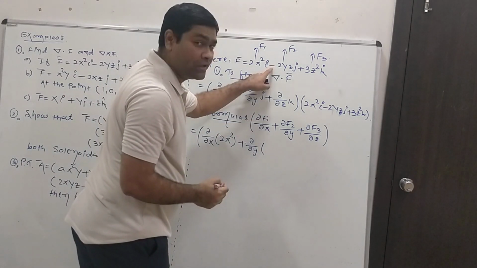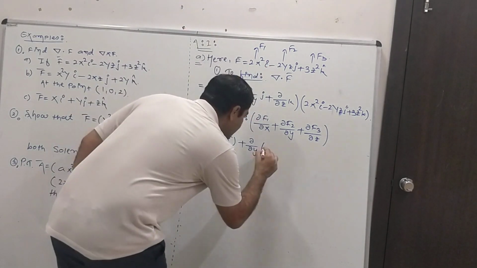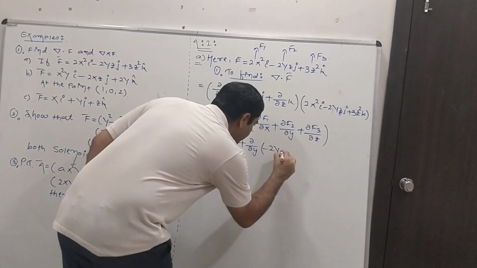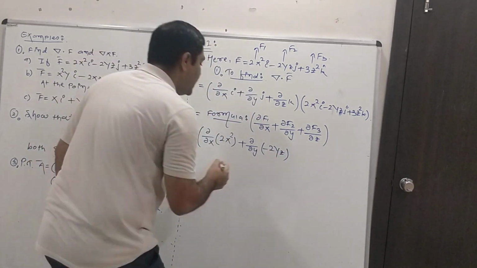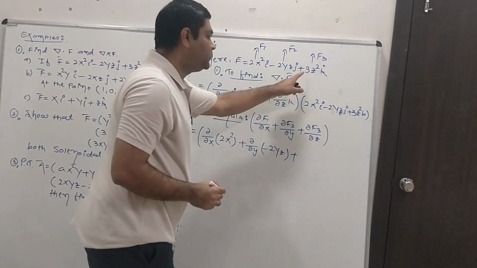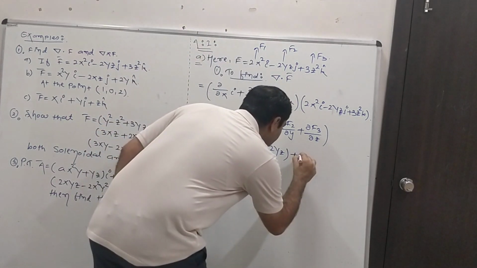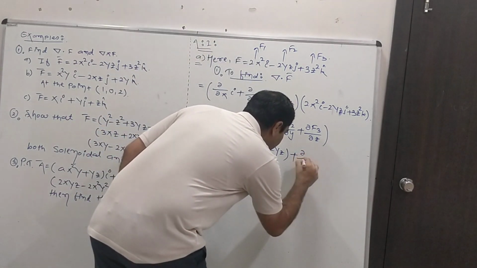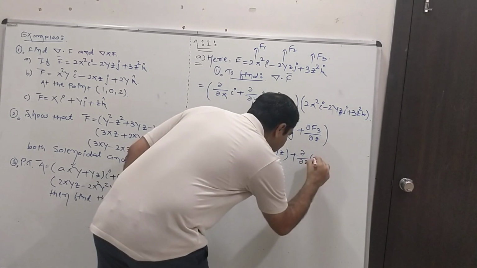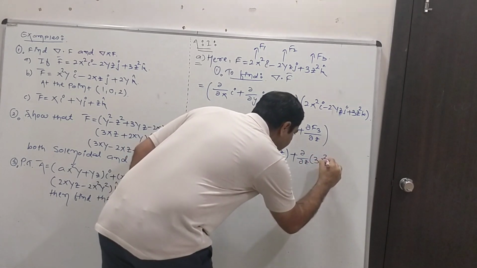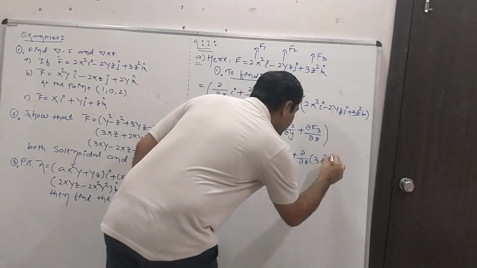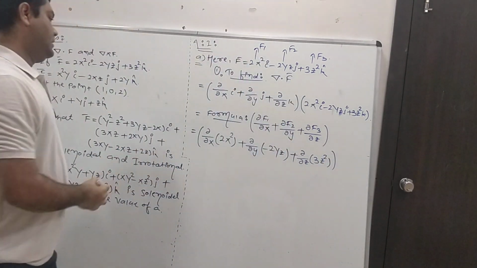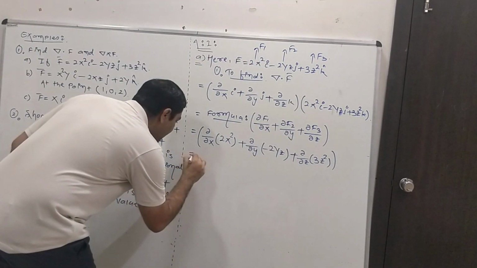Remember, students, we have to consider the sign. So it is minus 2yz, and plus f3, del by del z of 3z square, students.